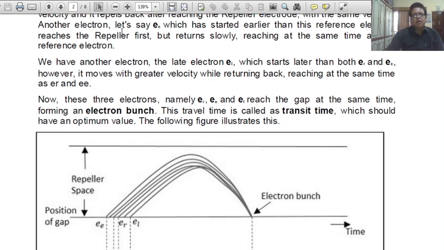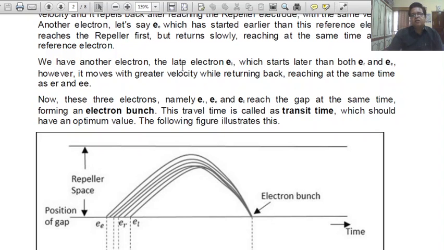It reaches the repeller first but returns slowly, reaching at the same time. So modulation, or electron bunching, is possible.